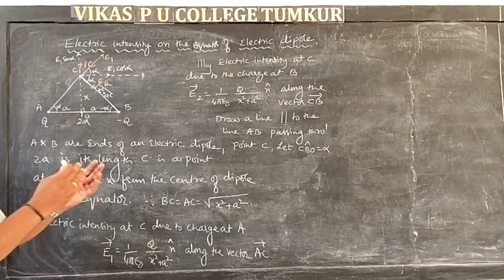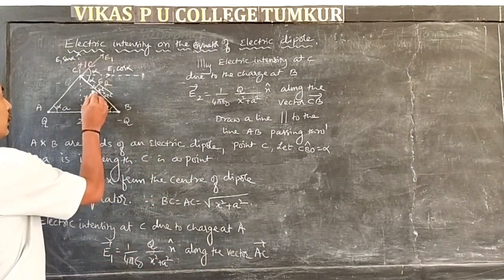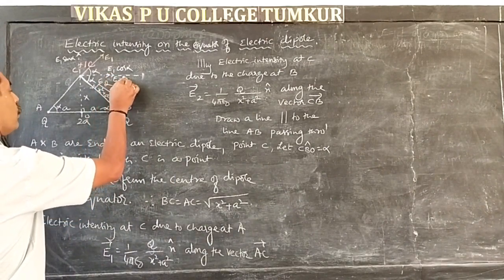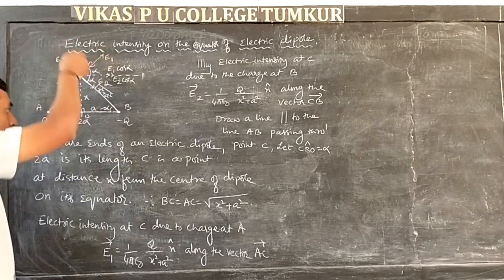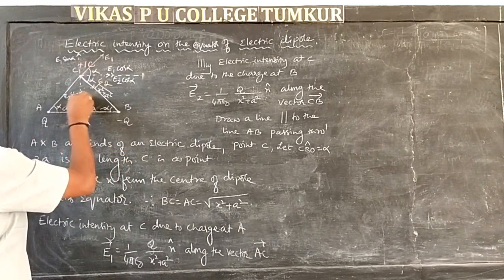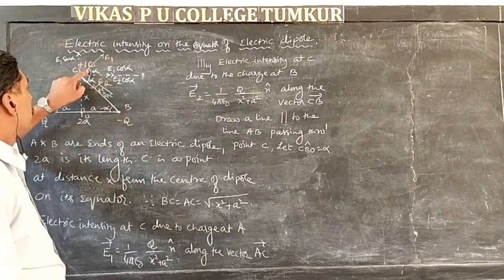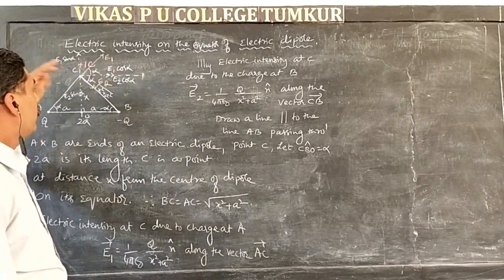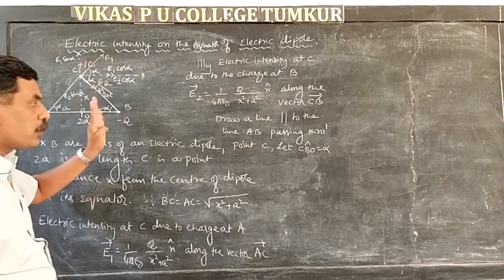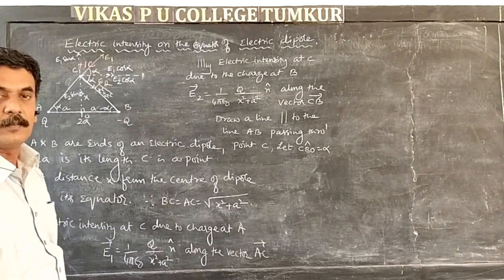Resolve means splitting one vector into two mutually perpendicular directions. Similarly, I resolve E2: this is E2 cos alpha, directed this way, and this is E2 sin alpha. Understood? This E1 is resolved as E1 cos alpha along the horizontal and E1 sin alpha along the vertical. This E2 is also resolved as E2 cos alpha along the horizontal and E2 sin alpha along the vertical.